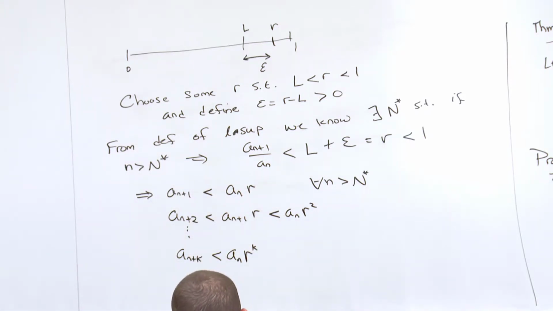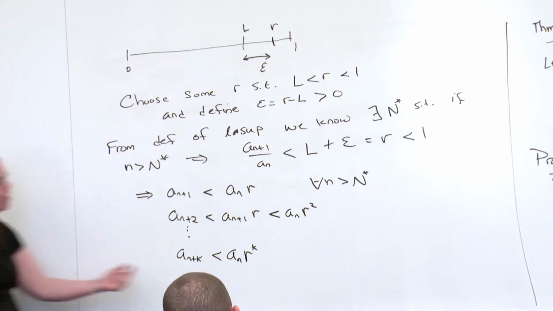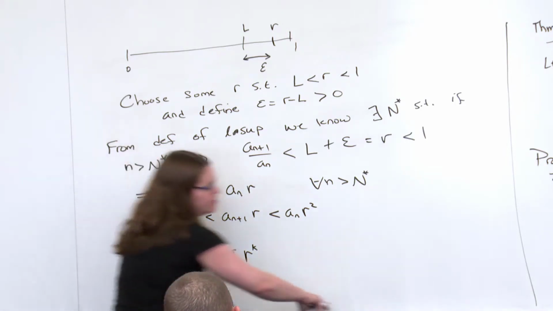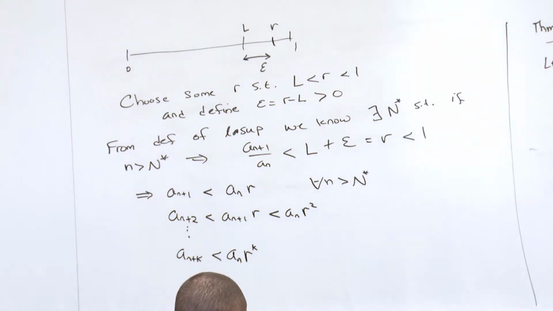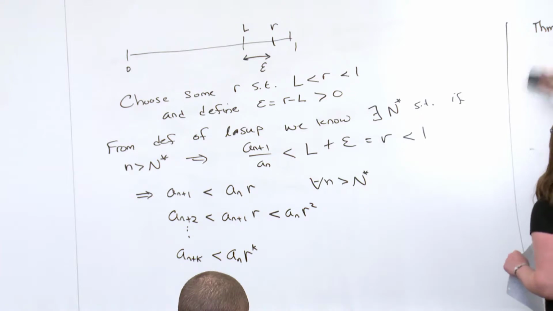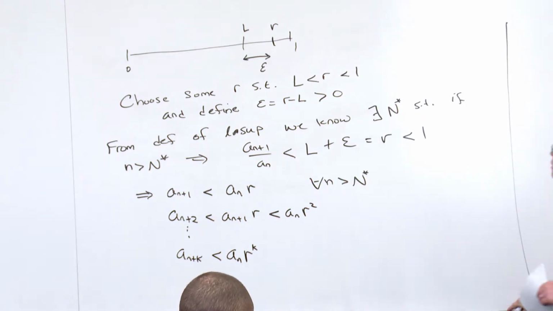That should suggest to you another test that we can use. Which test am I going to use? I'm about to use a comparison test where I'm comparing to a geometric series. Okay?